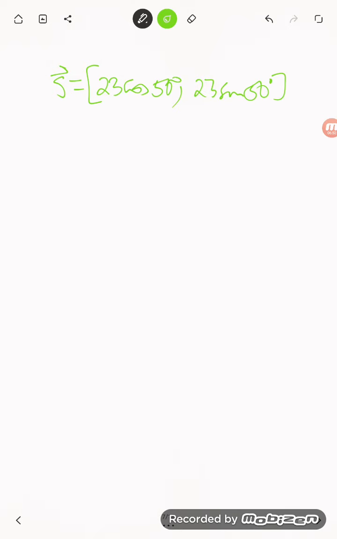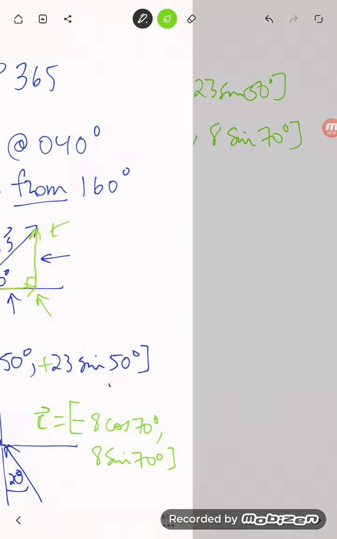And the current is negative 8 cos 70 degrees and 8 sine 70 degrees. Let me just double check that.